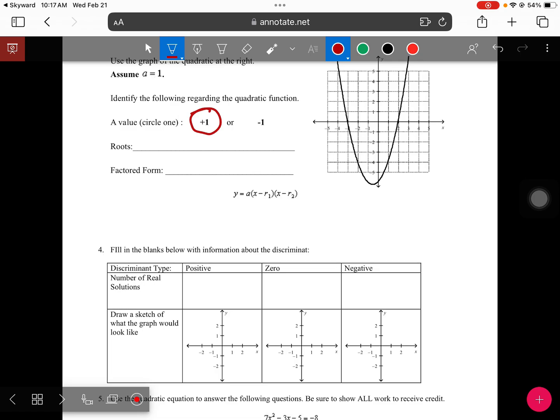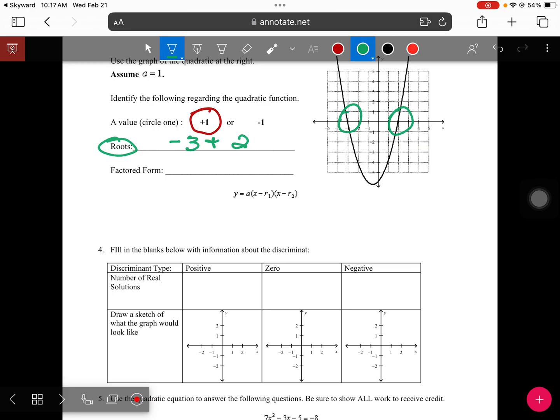What are my roots, and can you circle them? Okay, circle them first. So we're circling the roots. The roots would be here and here. So that is, what is that? 1, 2, 3. -3 and +2.